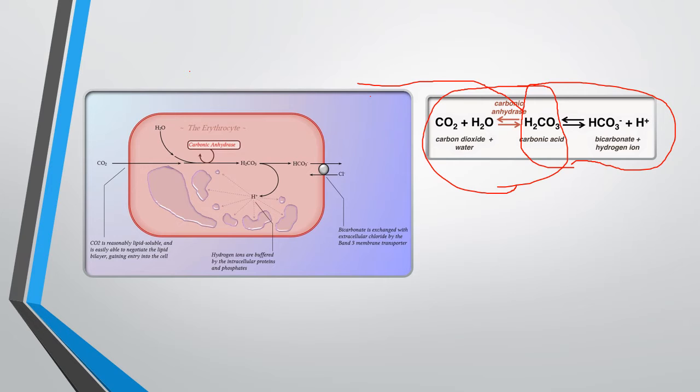H2CO3 is the common part between both. This part usually happens in the lungs, and this part usually happens in the kidneys, the metabolic aspect of the body. So we'll start from backwards.